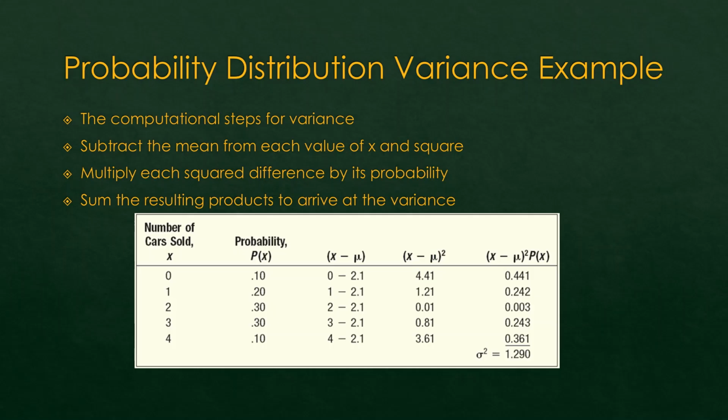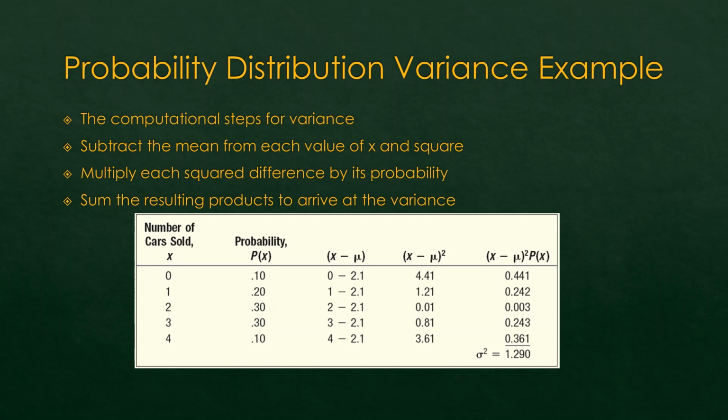In the PowerPoint, it goes through the exact same thing. There's examples in the books that do this as well. Just practice this a few times over and over again. When we get into the binomial distribution, there's going to be a slightly easier way to do this. But just know the mean is really important. It's the expected value.